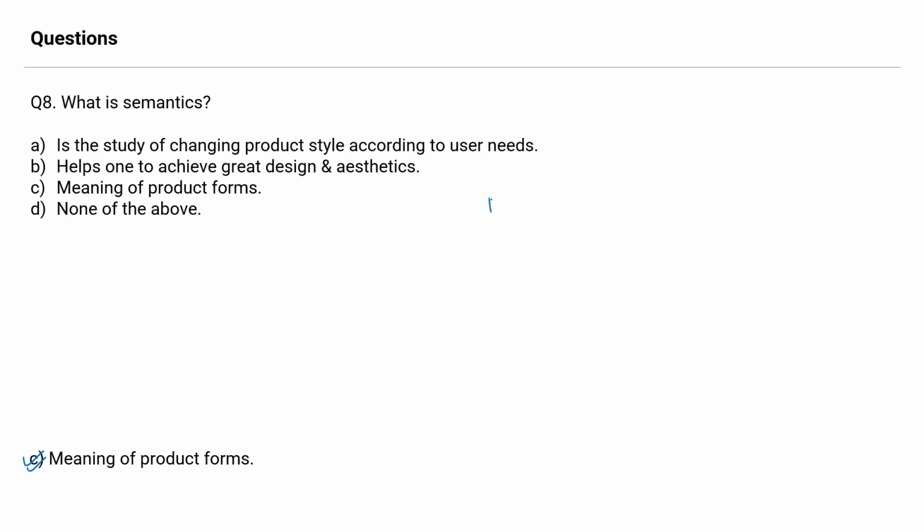So if you recall, the professor had a bottle in hand, and he said that just the moment you see a bottle, you kind of understand that, okay, this is the cap, this is where you need to open it up. This is where you need to hold the bottle from. So basically, these are the hints, these are the meanings which people derive the moment they see any particular physical object.